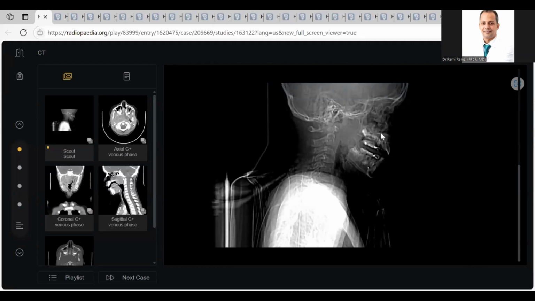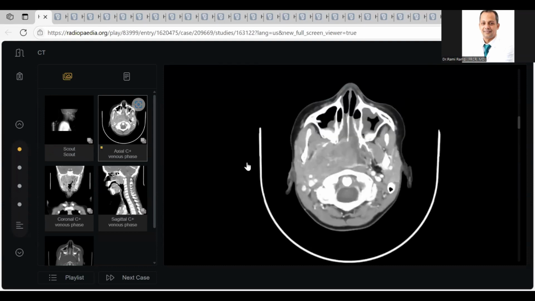I cannot appreciate any air fluid level inside it, and no gross bony erosion. Next, I would like to correlate my findings with the cross-sectional study.